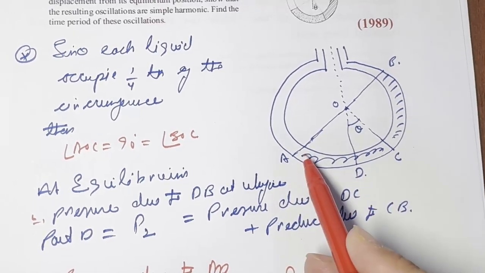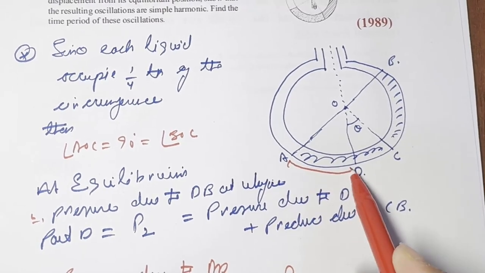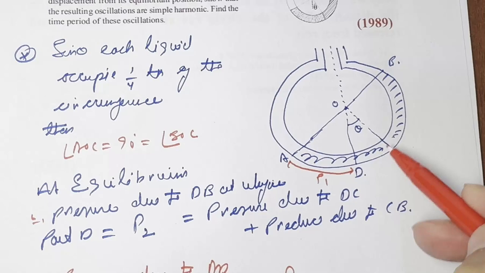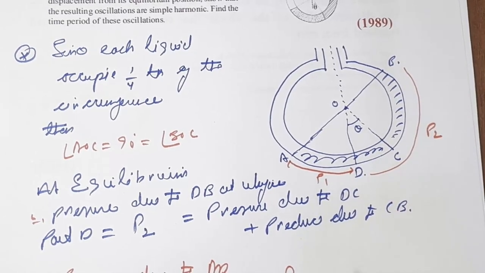This part AD is P1, and this entire portion's pressure is taken as P2.